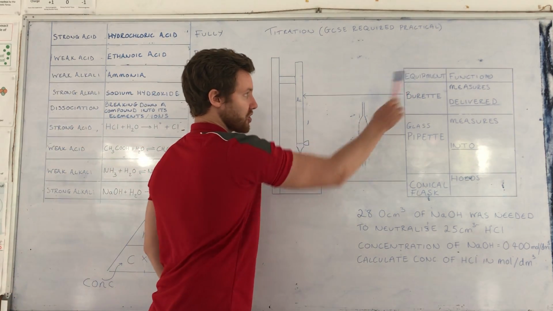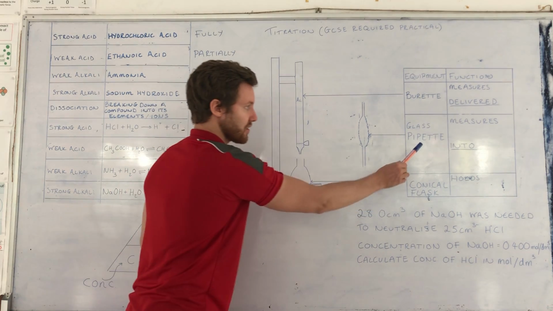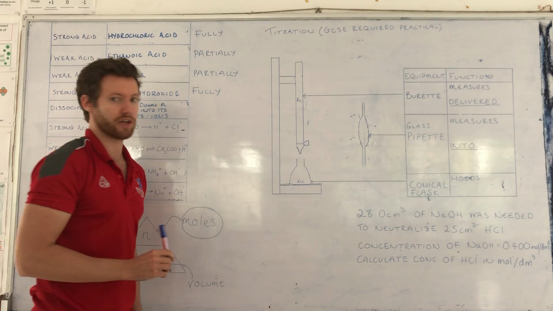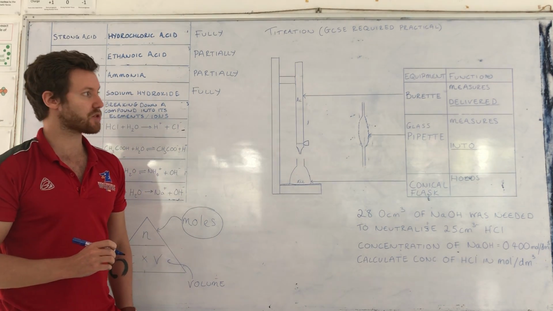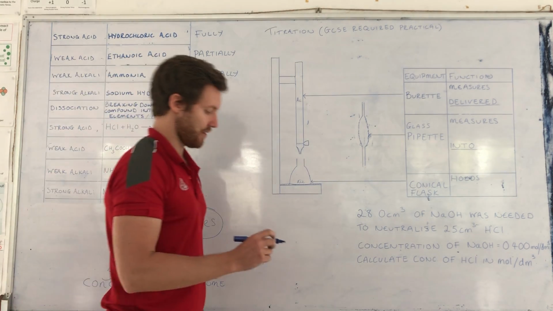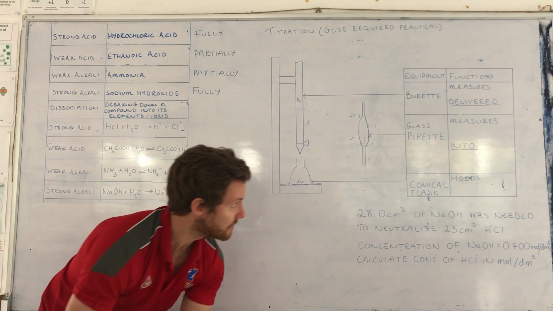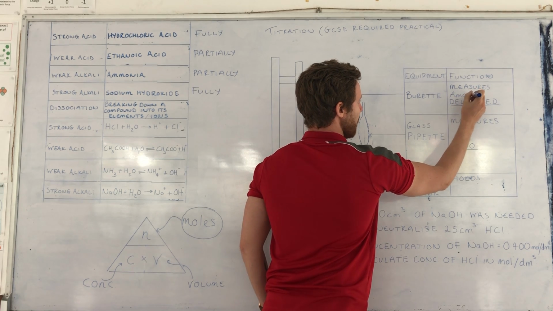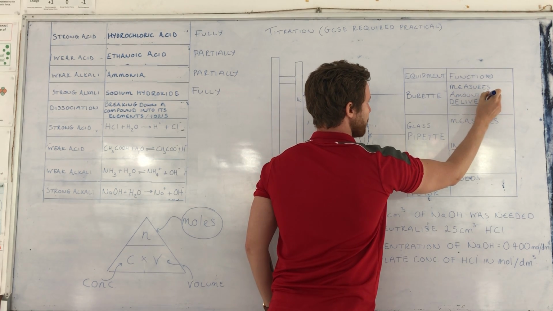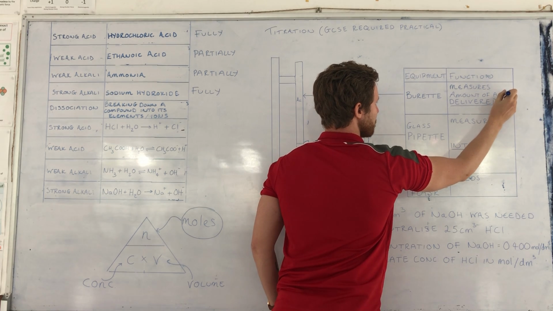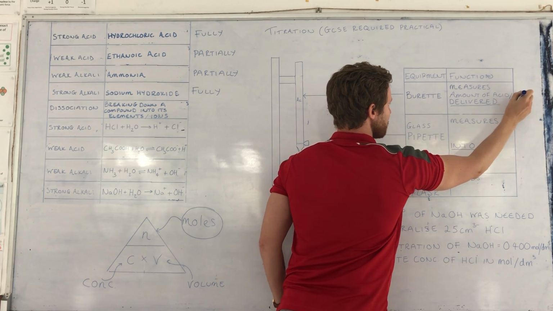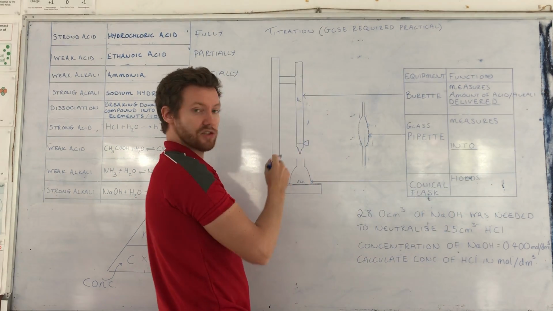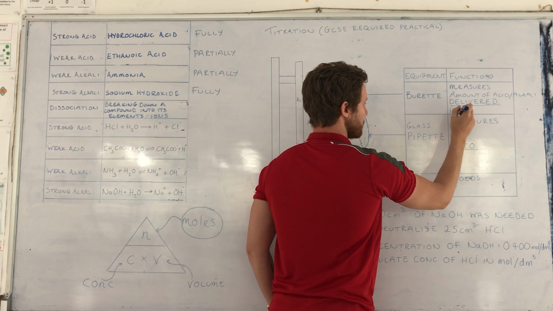So what is the function of our burette? What is the function of our glass pipette? What is the function of our conical flask? So our burette, what does it do? It measures the amount of acid or alkali delivered into the conical flask.